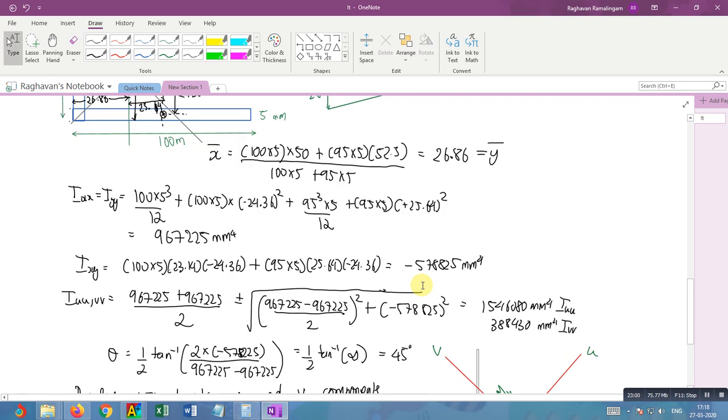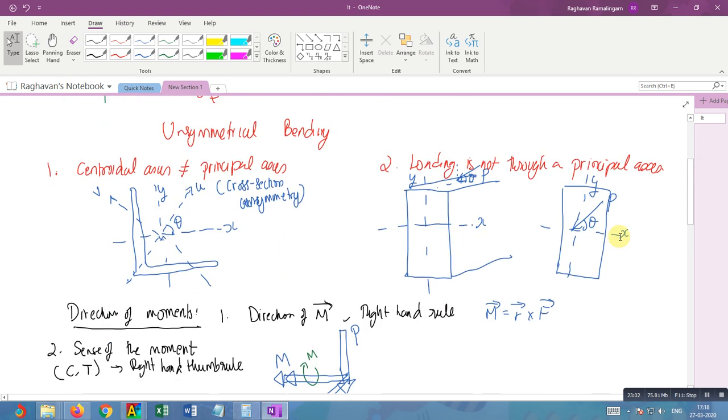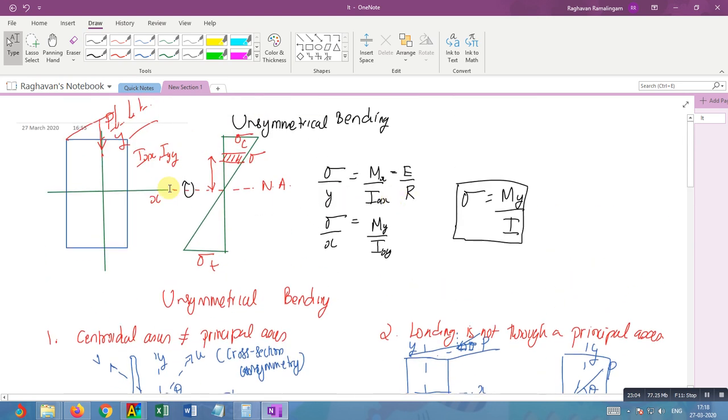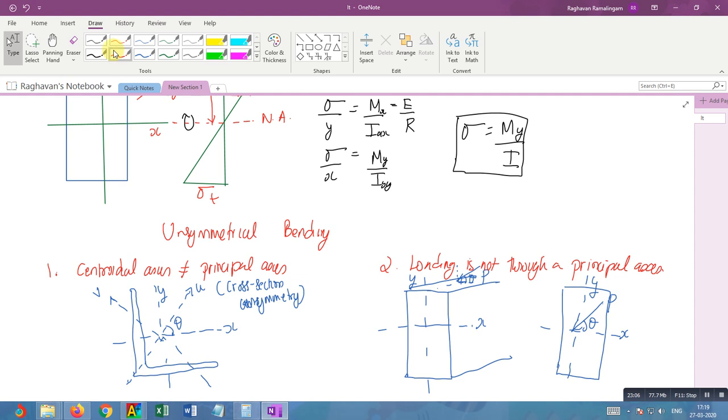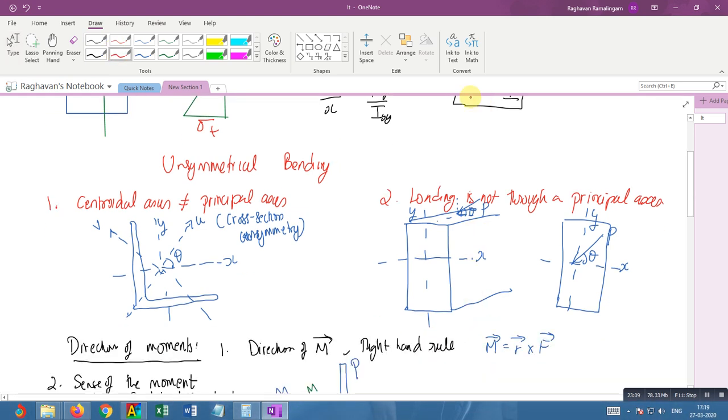Now come back to your symmetrical bending. Now you know here that if I have a moment acting this way, and I draw it in cross section, so this moment is what I've shown here. This is the cross section view. This is the elevation view. So when you have this kind of a moment, you know that this is a sagging moment.